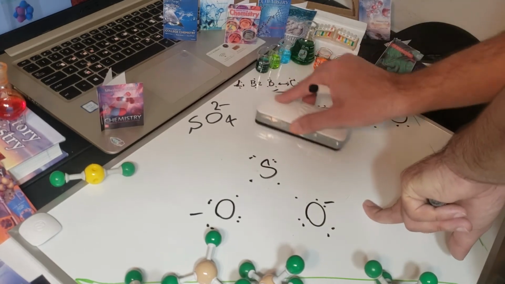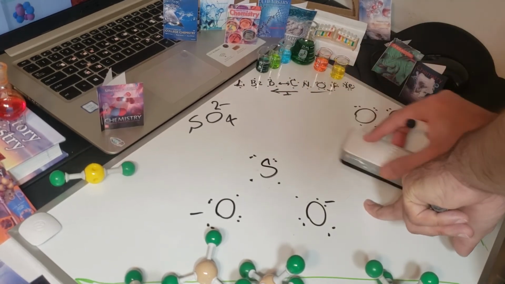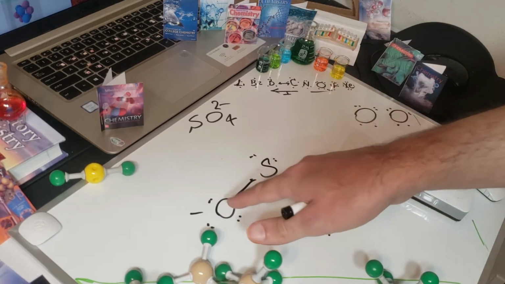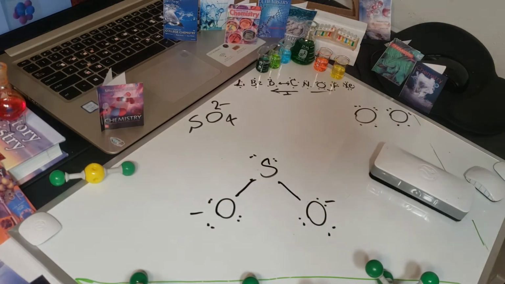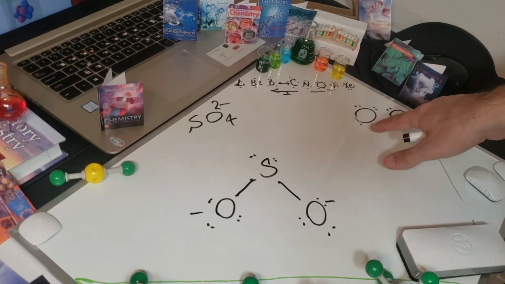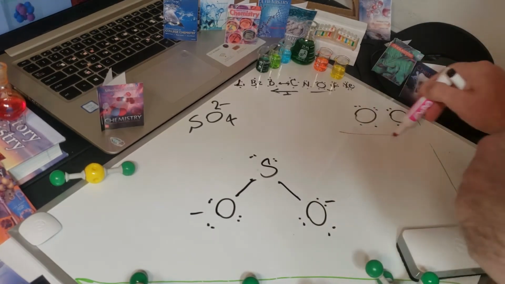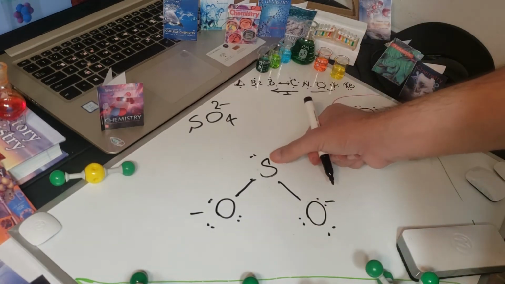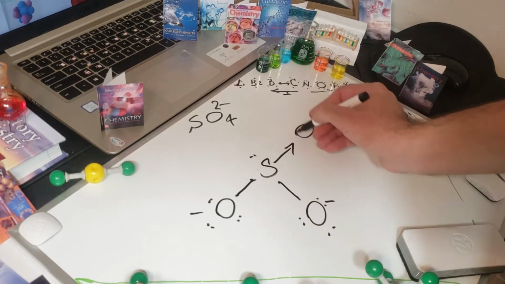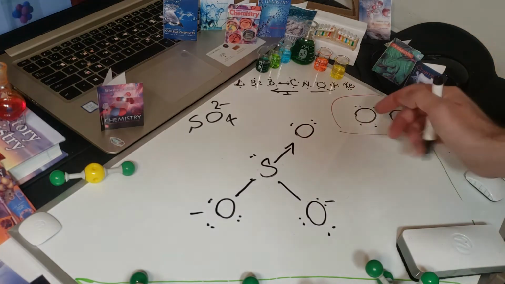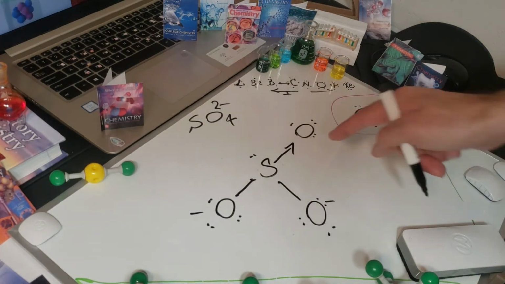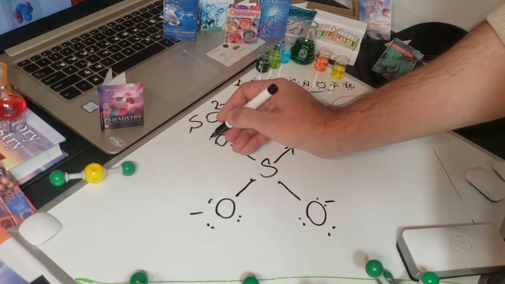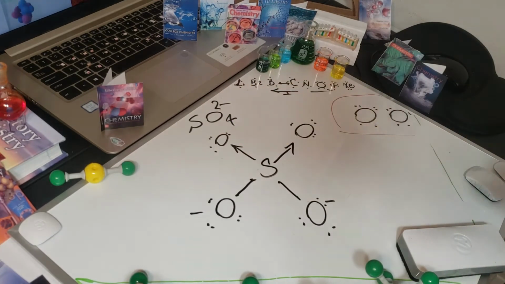So my sulfur is satisfied, and both oxygen negatives are satisfied. Then there are two oxygens still outside. It's simple: I'm going to donate a dative bond to this one, sharing its two electrons, and I'm going to donate the other one to the other oxygen in the same way.